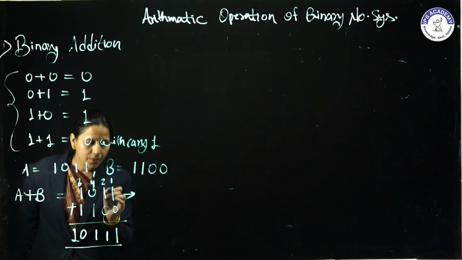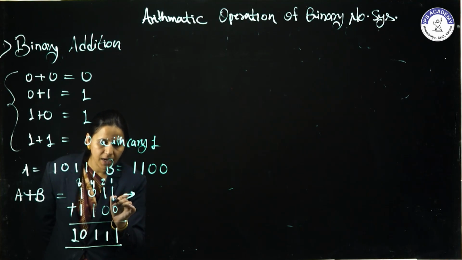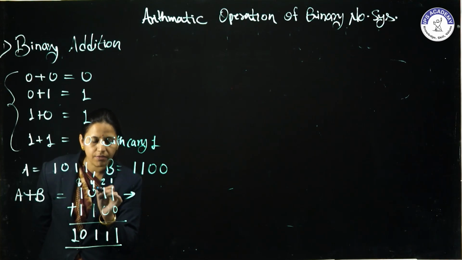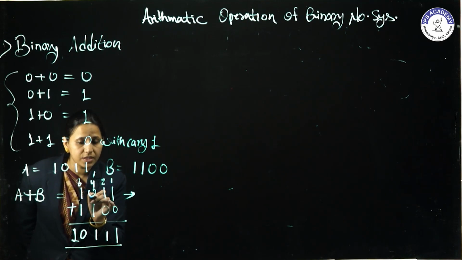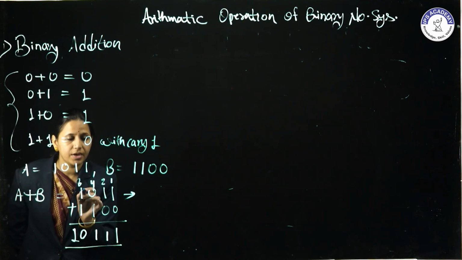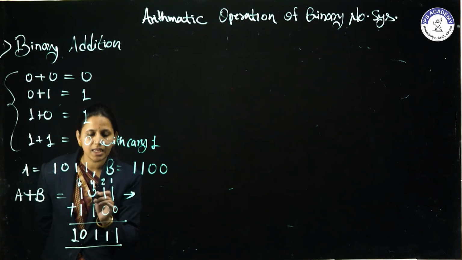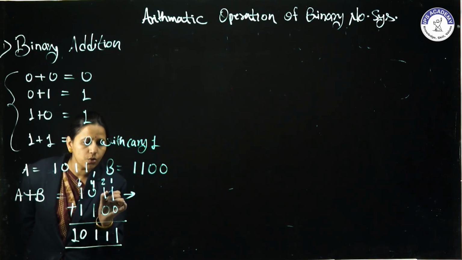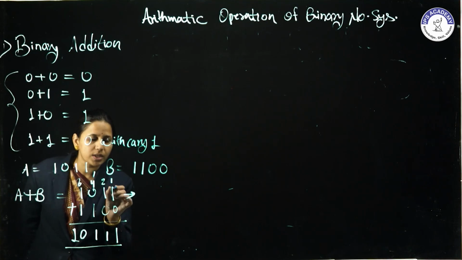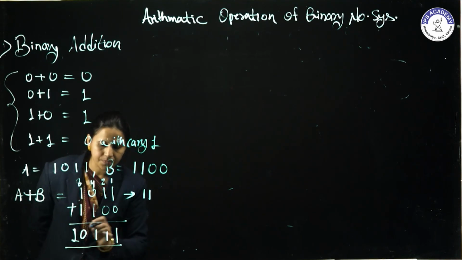At the place of 1 we have 1, at the place of 2 we have 1, at the place of 4 we have 0, but at the place of 8 we have 1. At whichever place we have a value, we add these. So, 8 plus 2 is 10, plus 1 is 11.